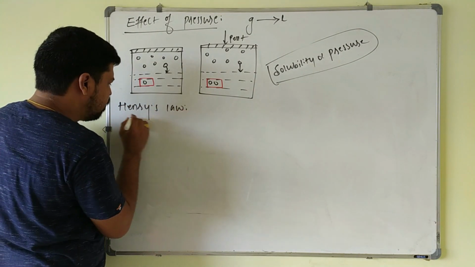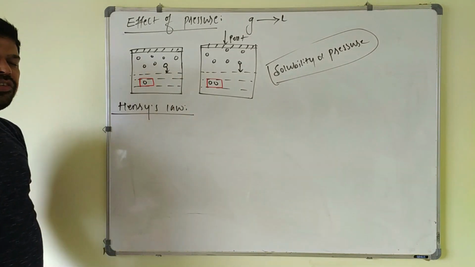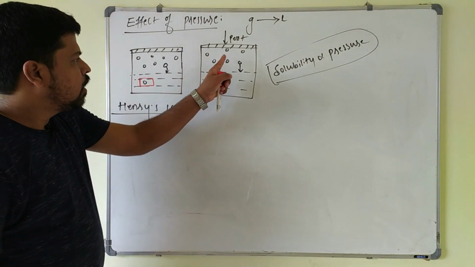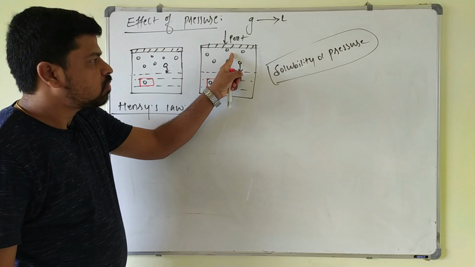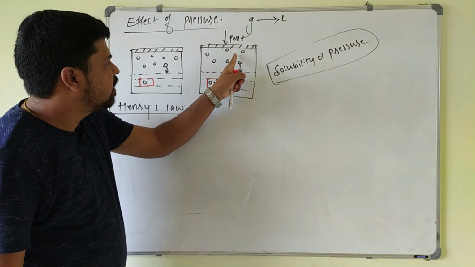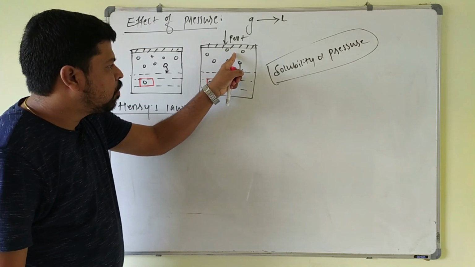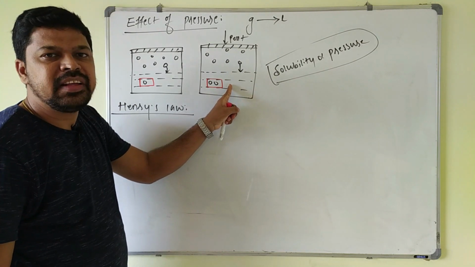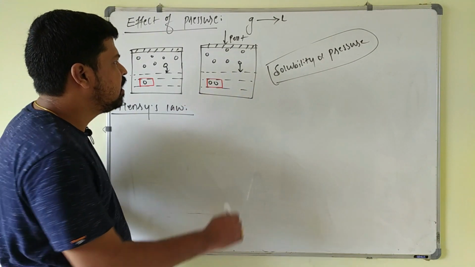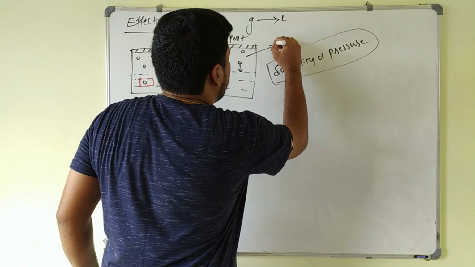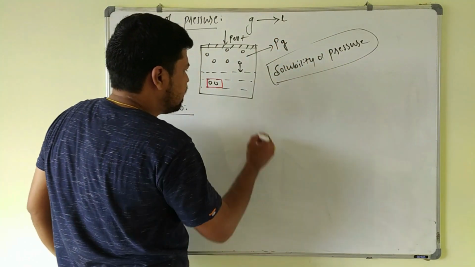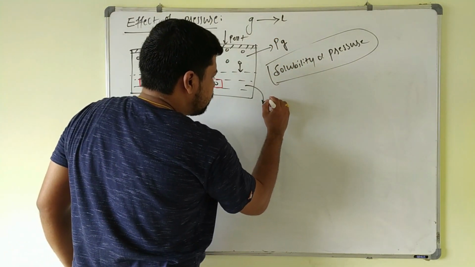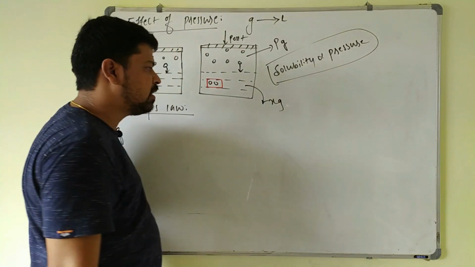So this is a very important point you have to remember. According to Henry's law, the partial pressure of the gas in the vapor phase is directly proportional to its mole fraction in the liquid phase. For example, here the partial pressure of the gas in the vapor phase, I take P gas, and in the liquid phase its mole fraction will be X gas.